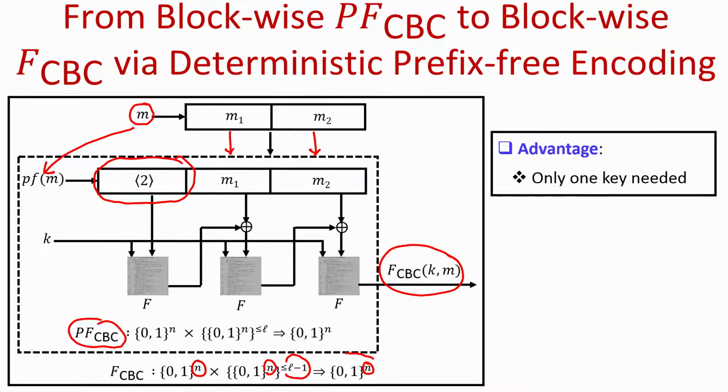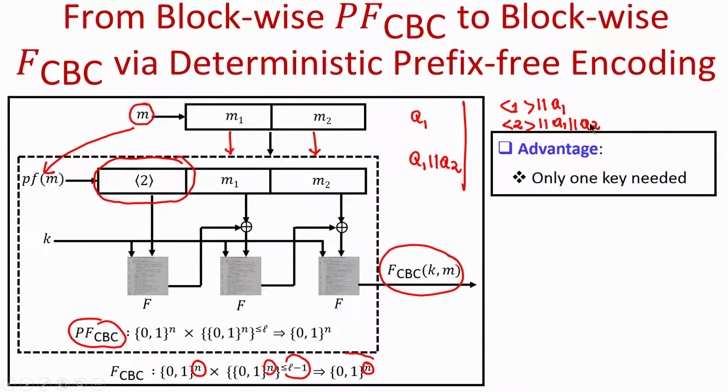Now, why is this construction intuitively secure? Because even if the adversary asks for the function output on an input A1 and on an input A1 comma A2, actually he will be getting the output of the function on the input sequence with the encoded length block prepended to A1, and the output on the sequence with the encoded length block prepended to A1 comma A2, right.